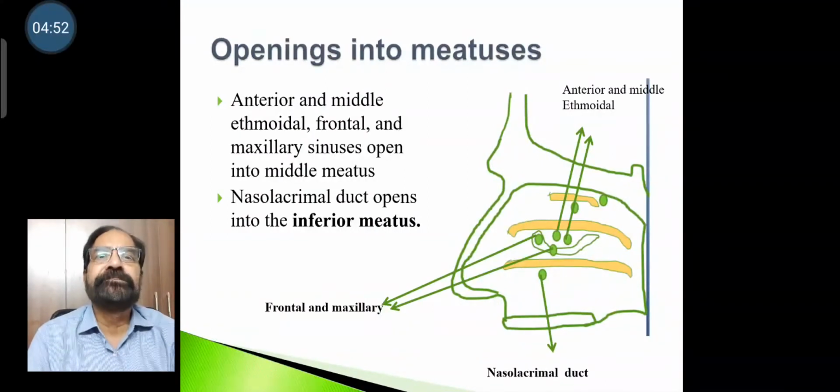Openings into meatus. Anterior middle ethmoidal, frontal and maxillary sinuses open into middle meatus. Nasolacrimal duct opens into inferior meatus. So these you can see in the picture.